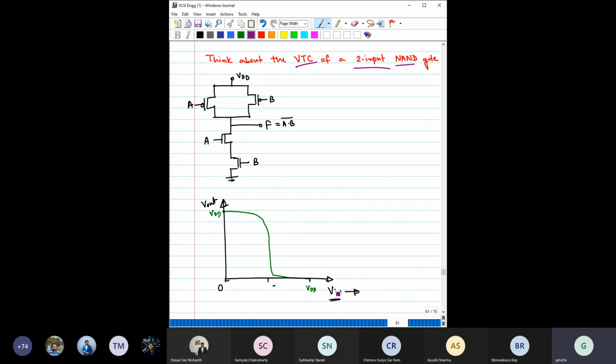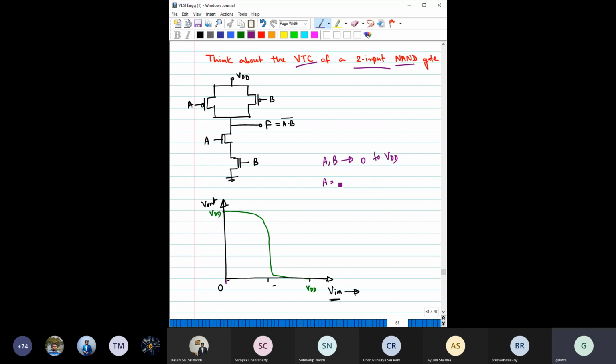Definitely we are plotting V in, meaning input voltages. Here it's not only one input, so you have two inputs. So there might be different possibilities, like A and B simultaneously going from 0 to 1, meaning 0 to VDD. Both A and B simultaneously changing from 0 to VDD.